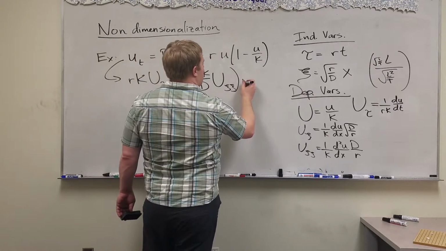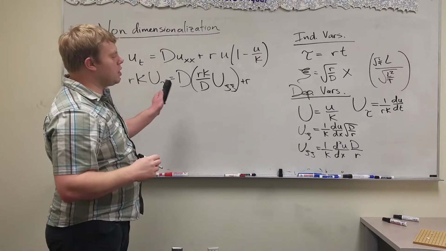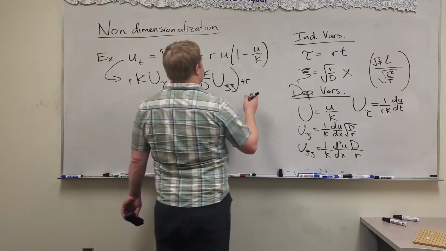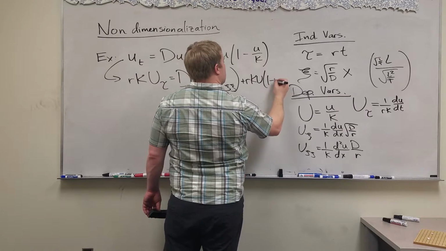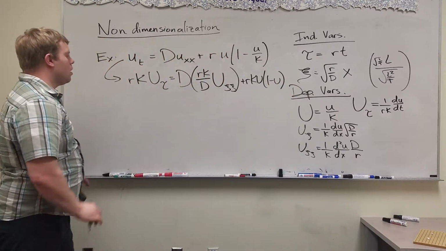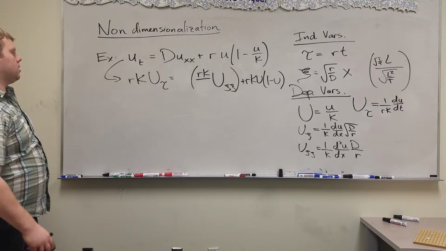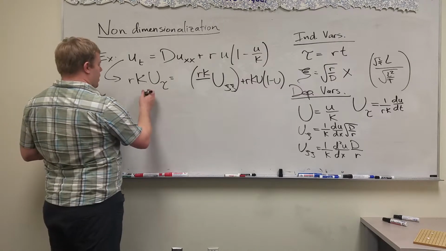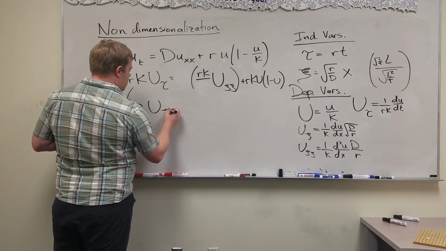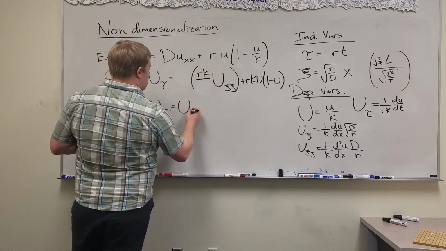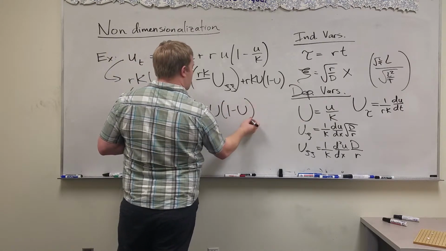And then we have plus r times, since big U equals u over k, little u equals big U times k. So we get this times 1 minus u. Of course, these d's are going to cancel out, and you'll notice that every term has an rk, so we'll divide that from everything to get U tau equals U xi xi plus U times 1 minus U.